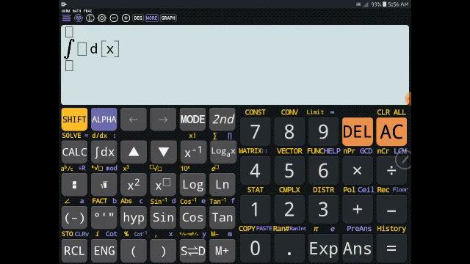Then, input natin yung ating equation. We have this x squared minus 4. Then, close quantity. Lalagay natin yung ating boundaries. We have 2 and we have 4. Then, press equal.